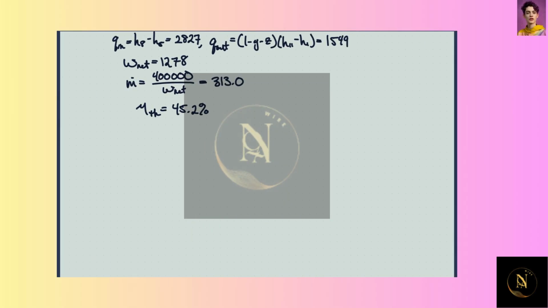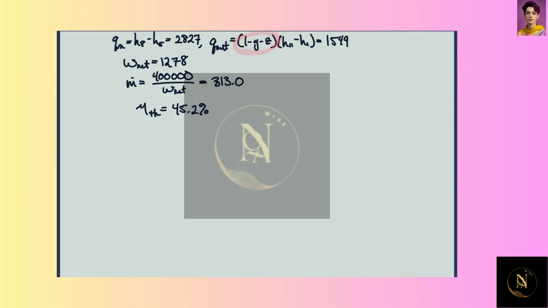And so now we can get our heat transfer in the boiler, the heat transfer out in the condenser. So we have, again, not everything flowing through the condenser. So we're siphoning off some portion of the mass that's going through the condenser.